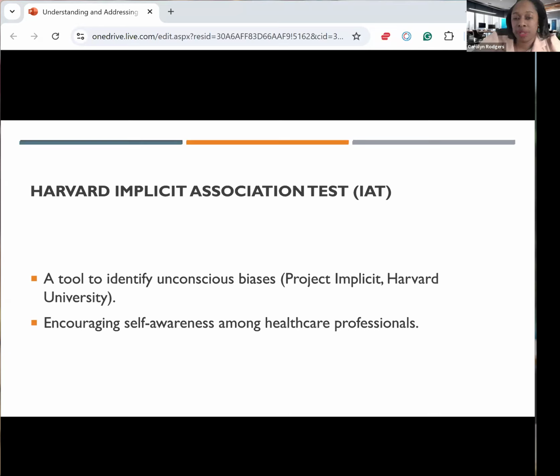So that again speaks to the question, what is the implicit association test? Well, it's a psychological tool designed to measure implicit attitudes, beliefs, and stereotypes that people may unconsciously hold. It explores automatic associations between concepts such as race, gender, evaluations, whether it's good or bad, and stereotypes.